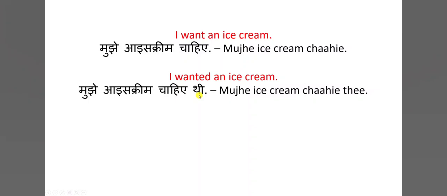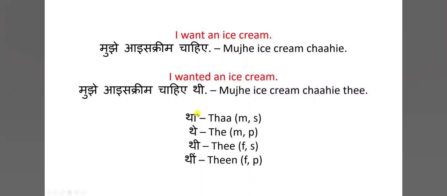This thi has been selected from the list of these four: tha, the, thi and thii. And you know how to use these. Right? This is how we frame sentences having past form of want.